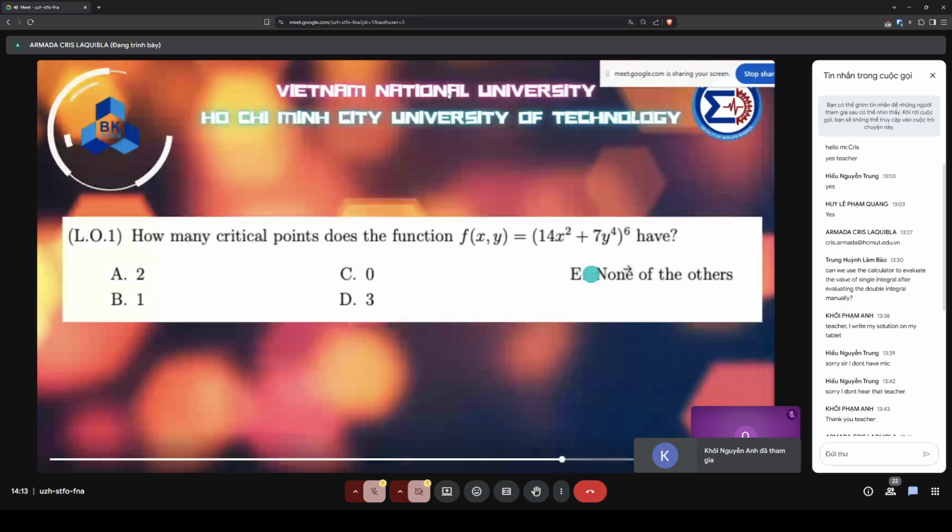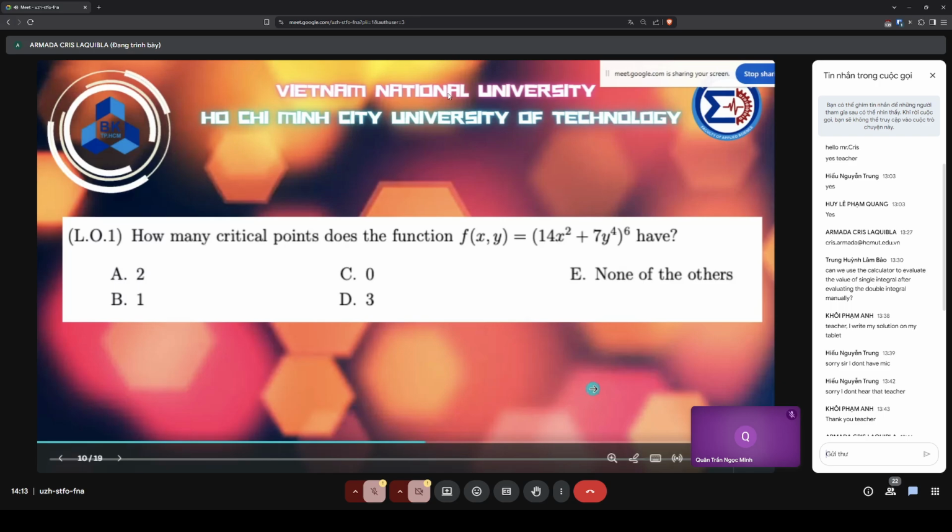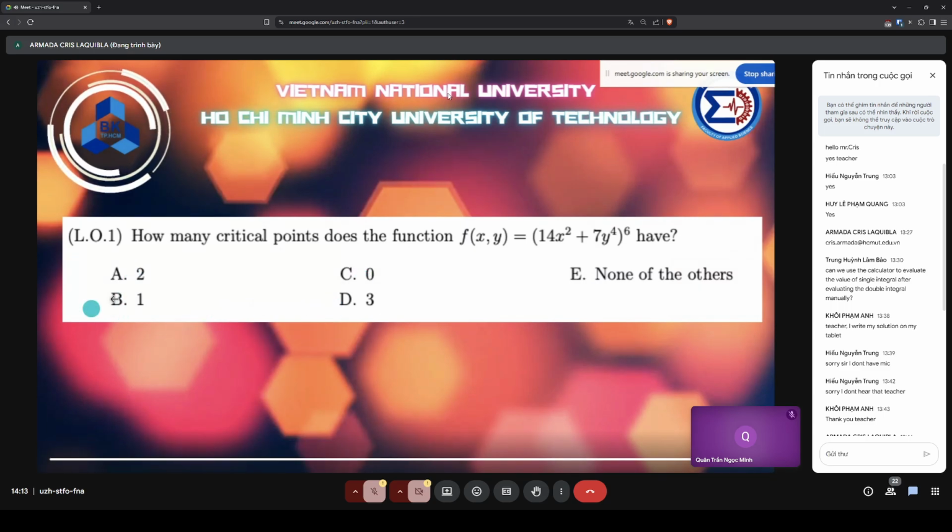How many critical points does this function have? Can you answer now? A, B, C, or D? I do not pick E anymore. I am sure that the answer is just here in the four letters. Again, do not answer none of the others. It's not a good choice.